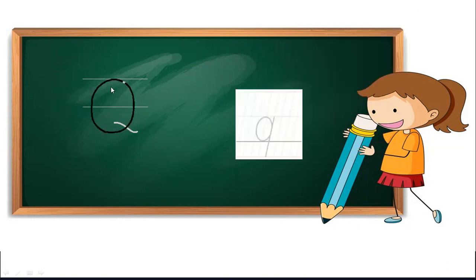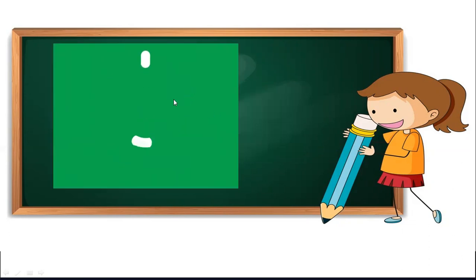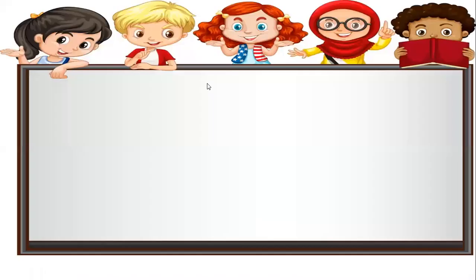Our next letter is capital Q. Draw a small curve starting from the middle, reaching to the bottom, and then draw a standing line from the middle to the bottom. And you can also draw here a small curve like this. This is a capital letter Q and this is a small letter q. Now this is your letter Q. Watch it carefully.